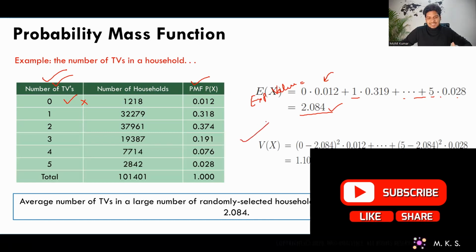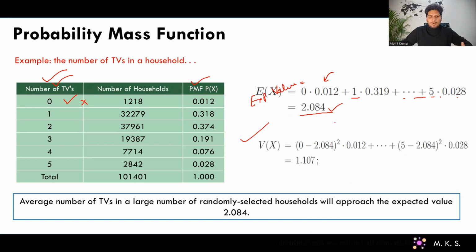And then variance. Again, use the same formula we have: (x minus mu) square times f of x, and sum this for all the values you have in your random variable, right? So for the first value, x is 0, minus our expected value 2.084, squared, times its PMF 0.012.